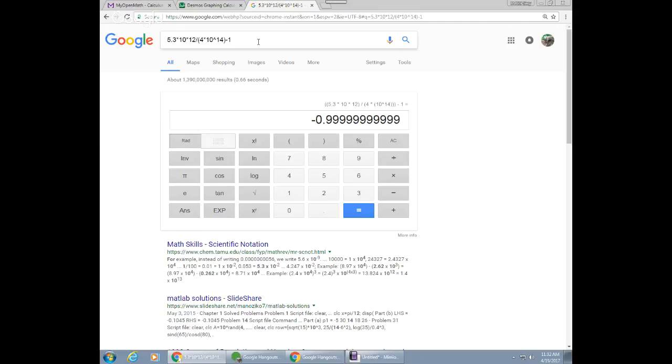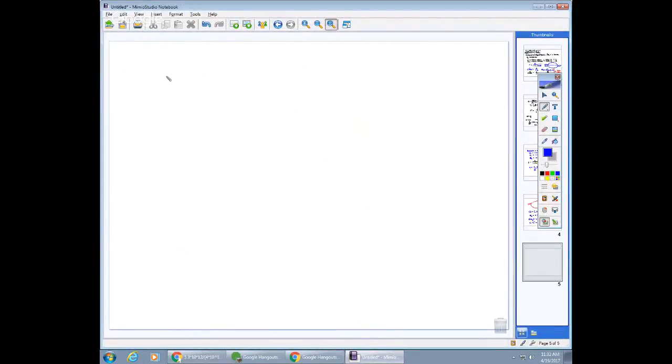H minus 1. That doesn't look right. Let me write something else down here. So 5.3 times 10 to the 12th divided by 4 times 10 to the 14th. That's going to be 5.3 over 4, which is a little bigger than 1, times 10 to the negative 2, right?